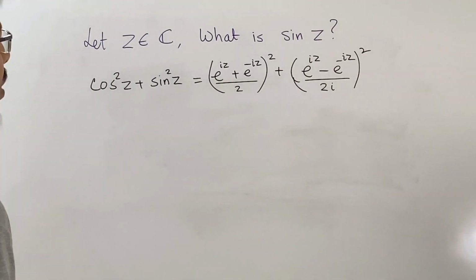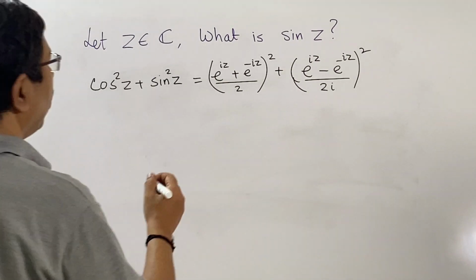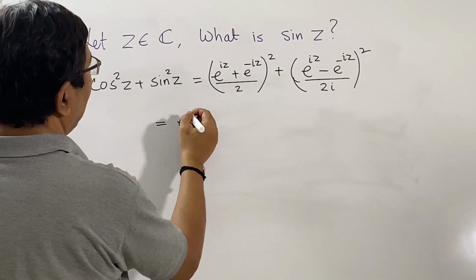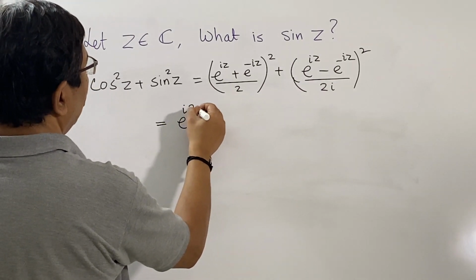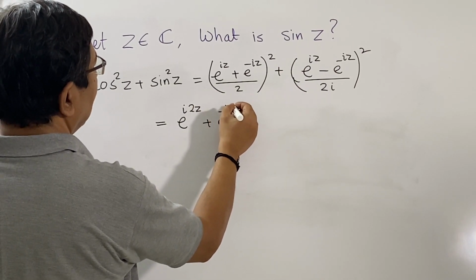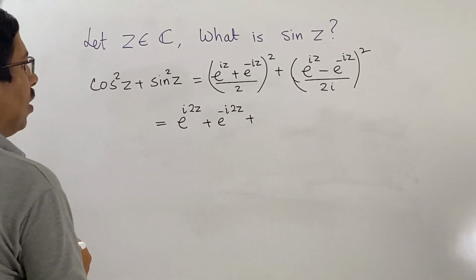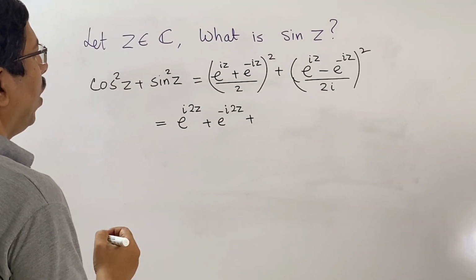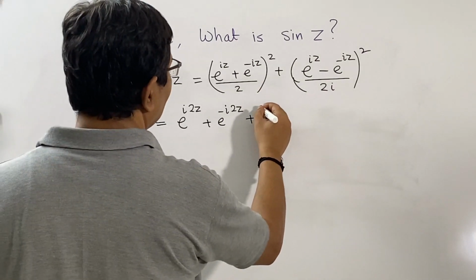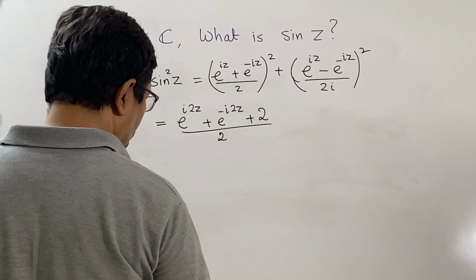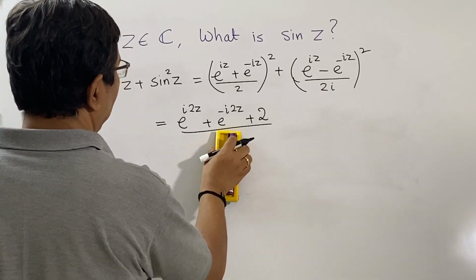Now using a plus b whole square and a minus b whole square, we can write the above as e to the power i2z plus e to the power minus i2z plus 2 into e to the power iz, e to the power minus iz, which cancels, so that gives us just 2, divided by 2 square, which is 4.